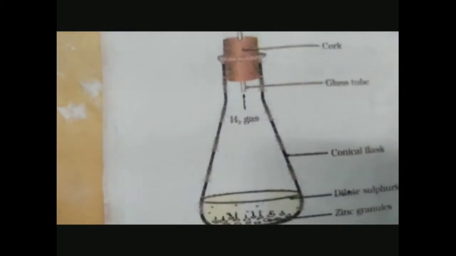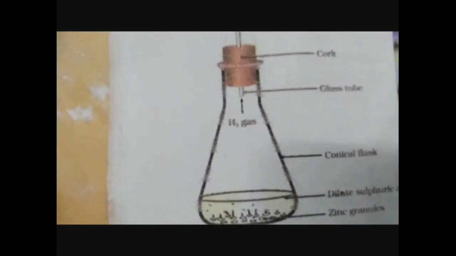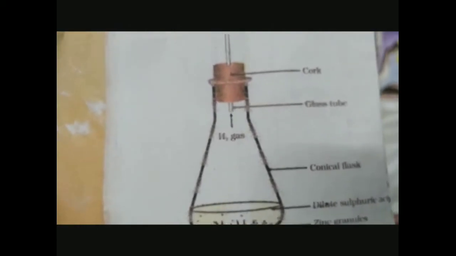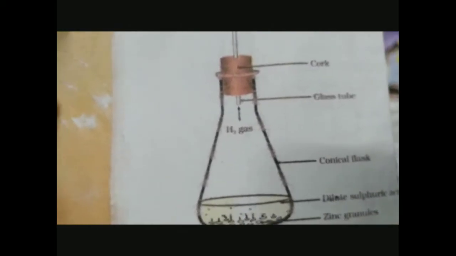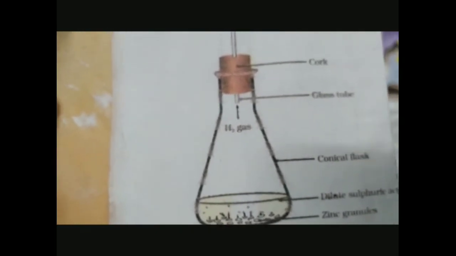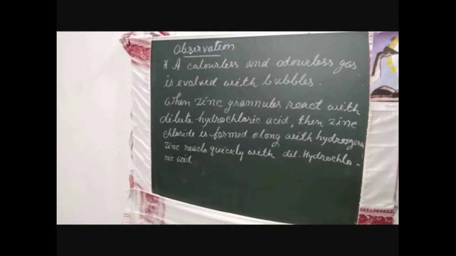In this experiment, you take zinc granules in the conical flask and dilute sulfuric acid is added here. You will notice the formation of bubbles around the zinc granules. Observation: a colorless and odorless gas is evolved with bubbles.